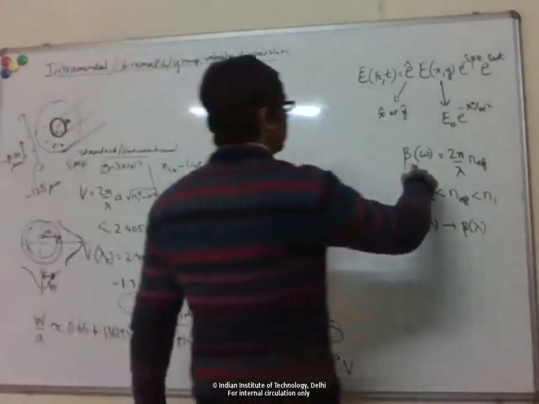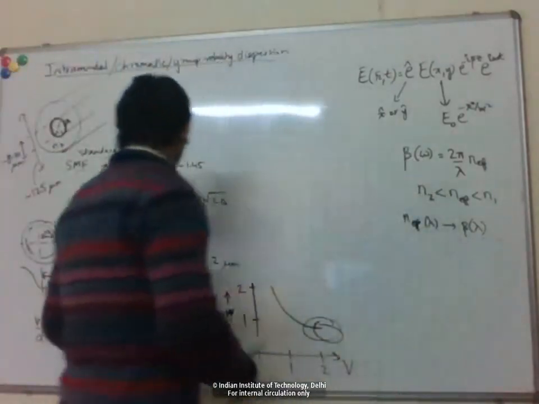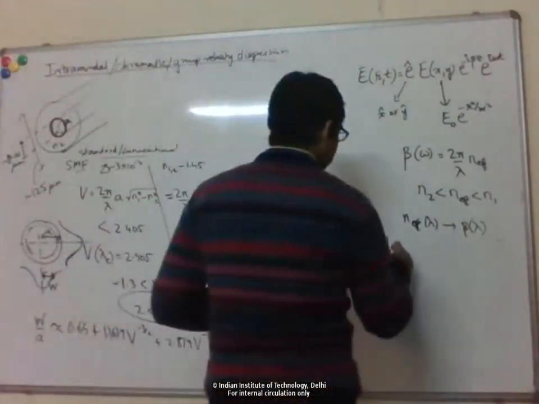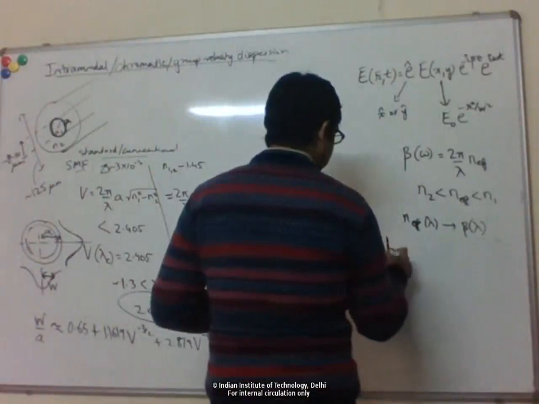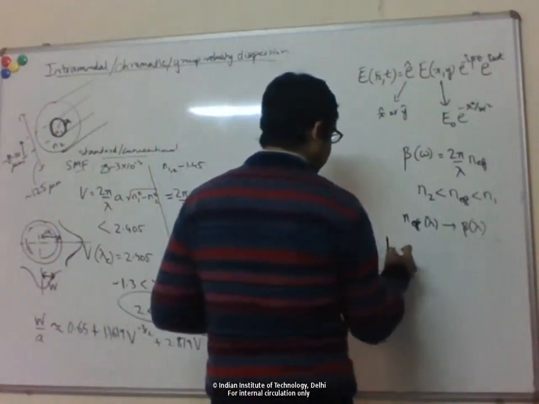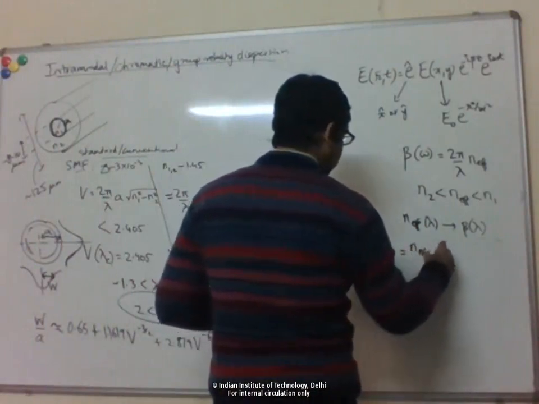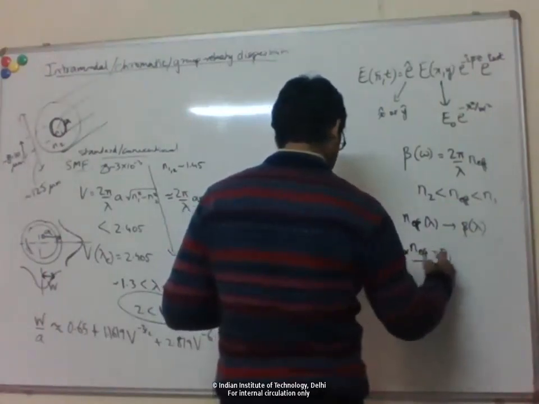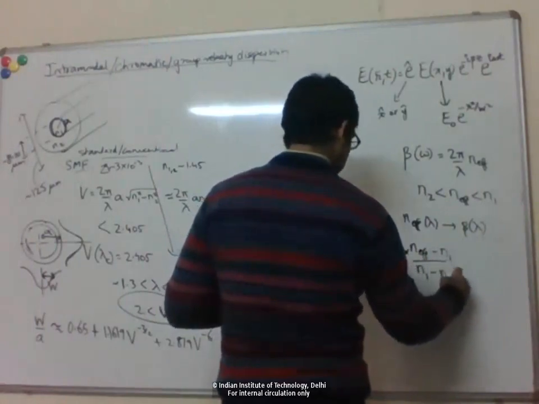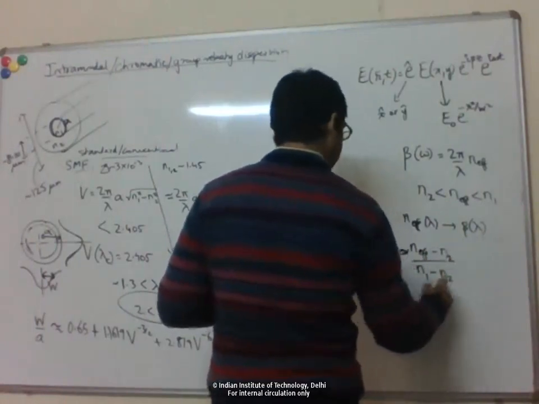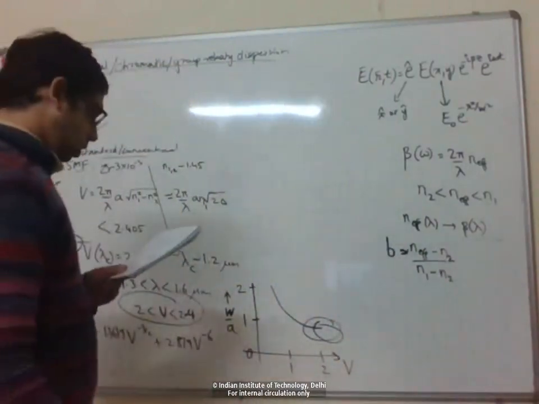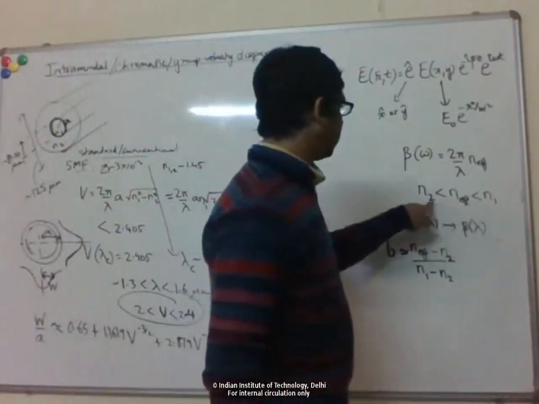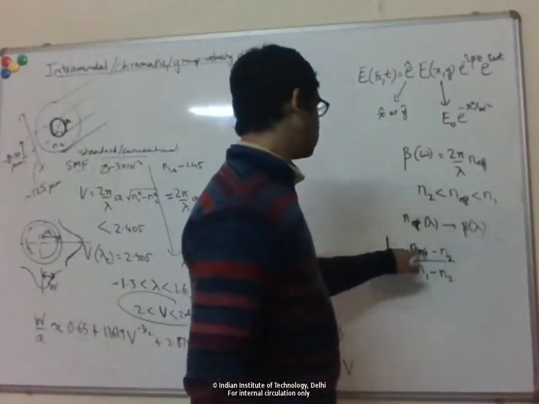Recall that for this step index kind of fiber, we could solve for the modes exactly, and one could get curves for this. If you define a normalized propagation constant like this, B lies between 0 and 1, because n effective lies between n2 and n1.